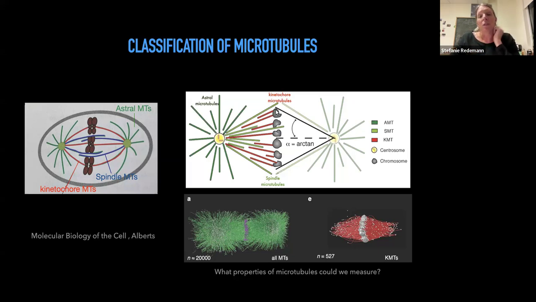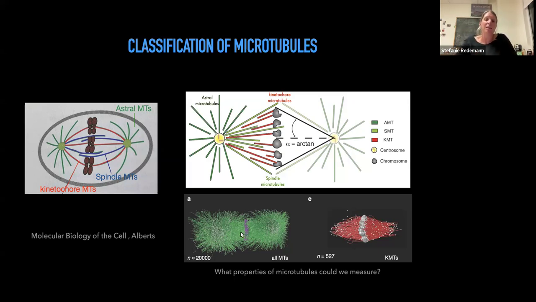And so we chose a distance of 200 nanometers. And so you can select every microtubule that comes within this distance and refer to it as a kinetochore microtubule. And for spindle and aster microtubules, you can define an opening angle here that encompasses the metaphase microtubules, and every microtubule that is within this cone will be a spindle microtubule, and others will be aster microtubules.